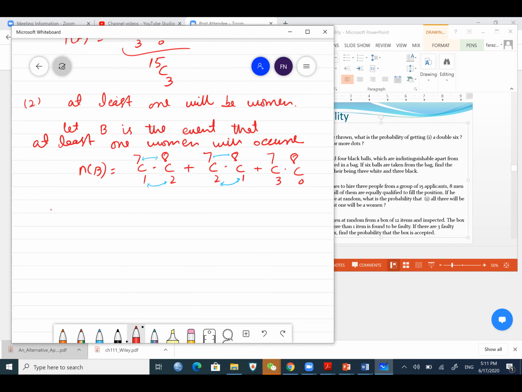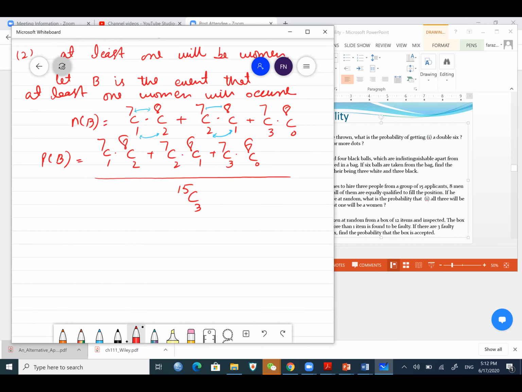So the probability of event B is 7C1 times 8C2, plus 7C2 times 8C1, plus 7C3 times 8C0, divided by 15C3.